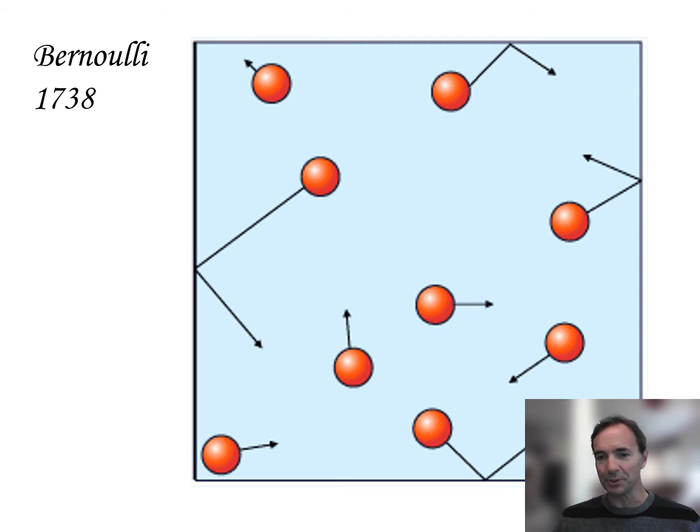Now, the size of the arrows here relates to the speeds, and there is a seemingly random distribution of speeds. We're going to put some flesh on those bones later on about, depending on the temperature, the different ranges of speeds. This A-level course doesn't really deal with the distribution of speeds, but we'll look at it.